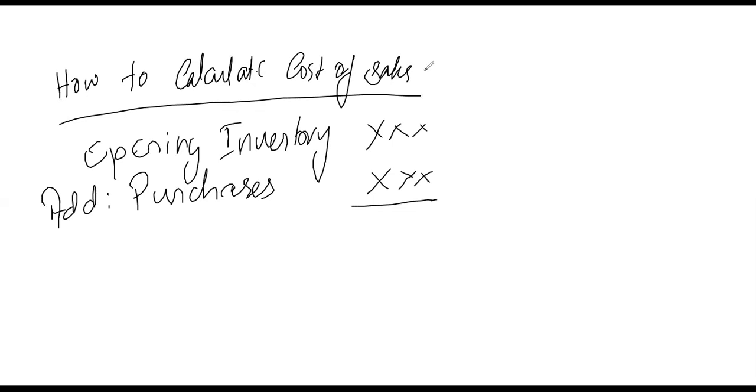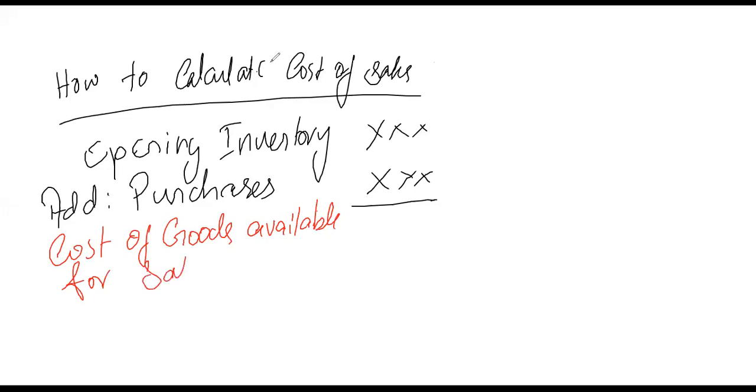I'll be getting a result of cost of goods available for sales, because a company only has two types of items available for sale. The first one is the opening inventory and the second one is the purchases.